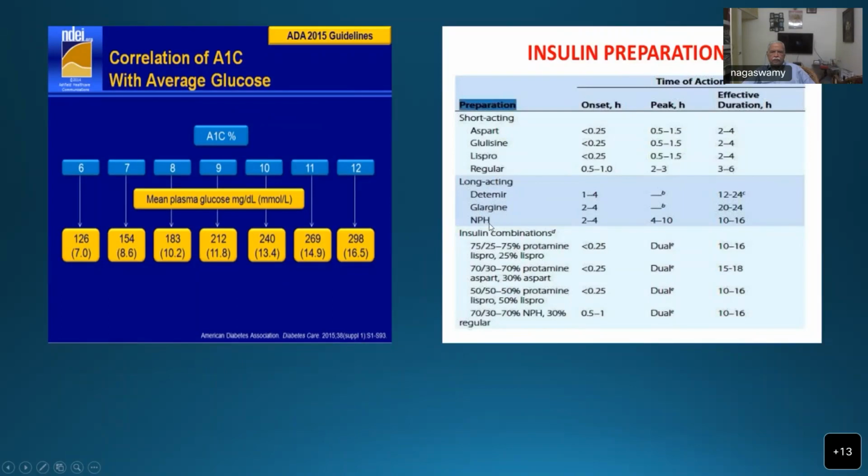So the earlier combination of NPH with regular has now changed to protamine with lispro or protamine with aspart. The earlier 70-30 mix used to be NPH 70% and 30% regular. That is the combination that has been used for a long time.